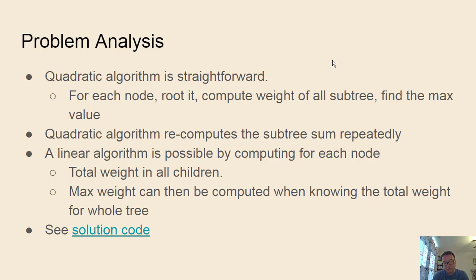The traffic that needs to go through the edge from this node to its parent is the total weight of the whole tree, subtracting the weight of the subtree rooted at this node, which is computed by adding the weight on this node plus all its children. So once we know the total weight in all children, we can compute this easily. Essentially, in one DFS pass, we can compute this.